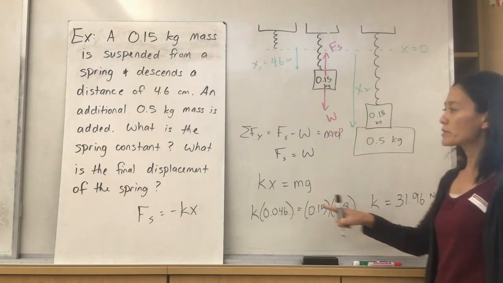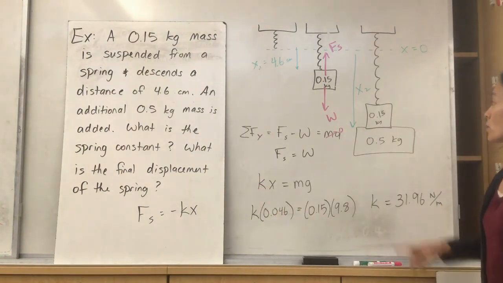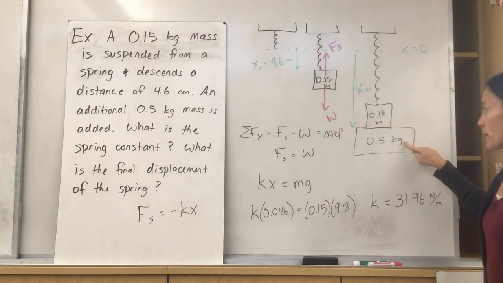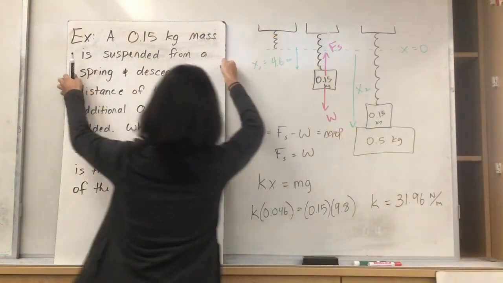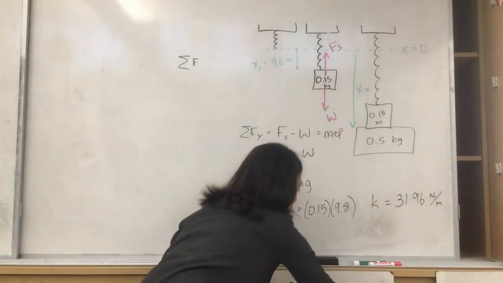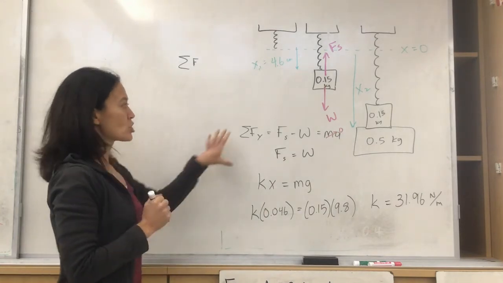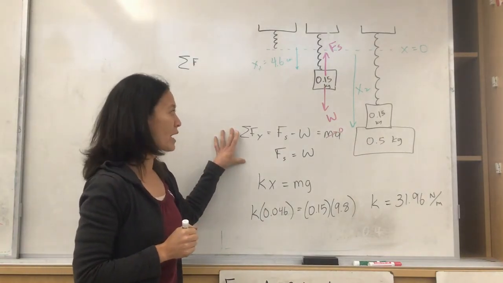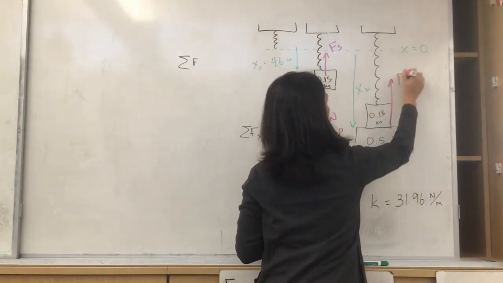The second part of the problem says, what is the final displacement of the spring? So now that we've added a 0.5 kilogram mass, what is the new x value? I'm going to move my board down because I've run out of space to work. Nothing has changed with my forces. I still have a spring force going up.